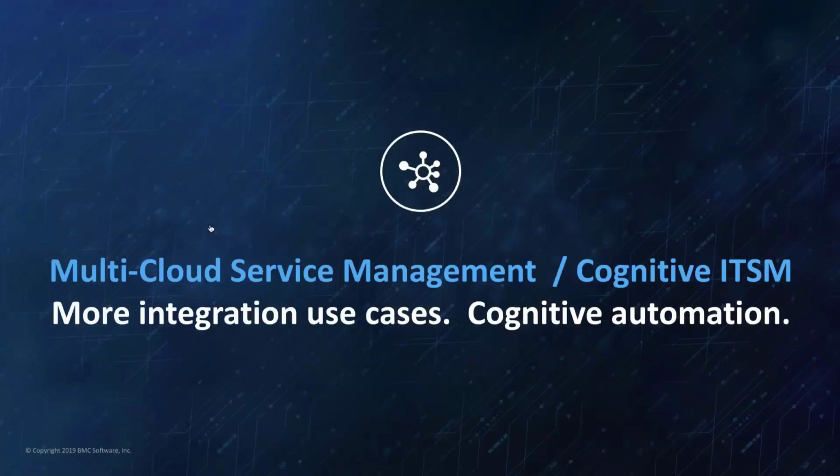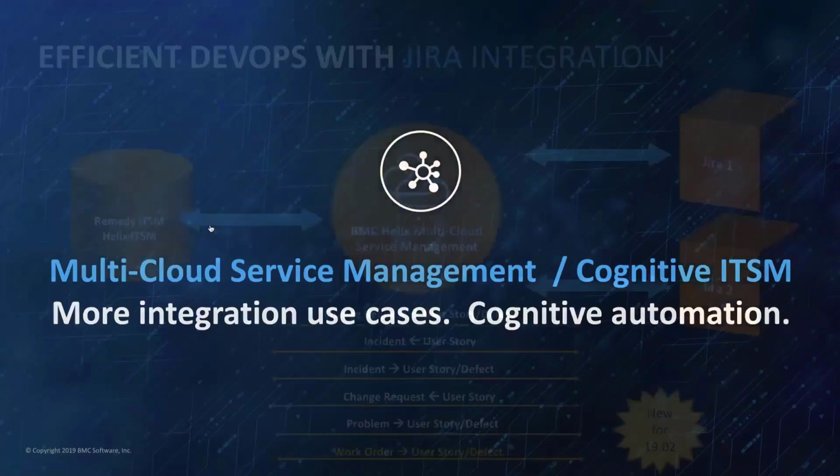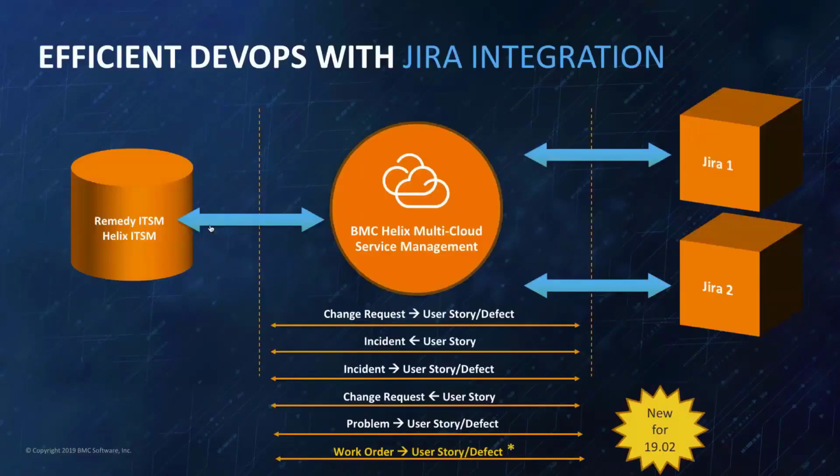Next topic is MultiCloud service management, our intelligent integration hub, as well as expanded capabilities in the cognitive ITSM area. MultiCloud service management, as you know, is the integration points between Remedy ITSM on-premise or Helix ITSM systems in the cloud, as well as external systems.